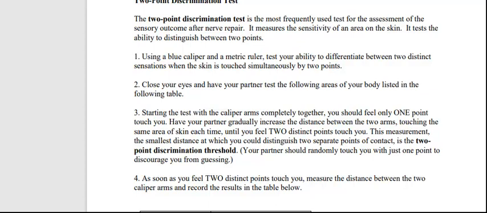So this particular lab experiment was to take a caliper, which is a little two-pronged thing, and touch your lab partner while they've got their eyes shut so they can't see what you're doing, and you ask them, is this one tip or is this two tips touching you? So it's not a painful thing, it's simply a gentle touching.